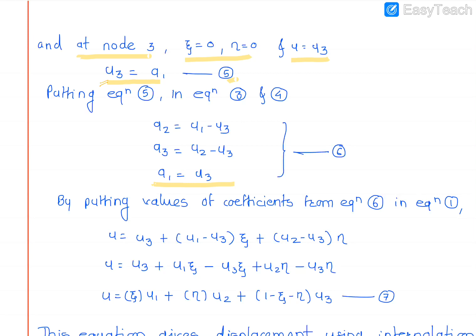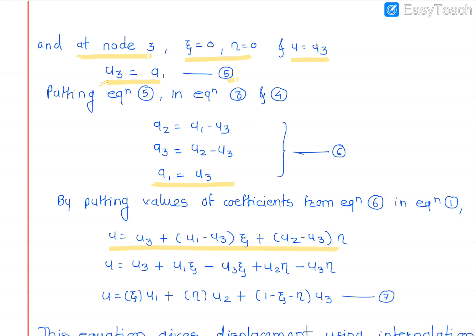If we back substitute these values in the polynomial function, we will have u is equal to u3 plus (u1 minus u3) zeta plus (u2 minus u3) neta.